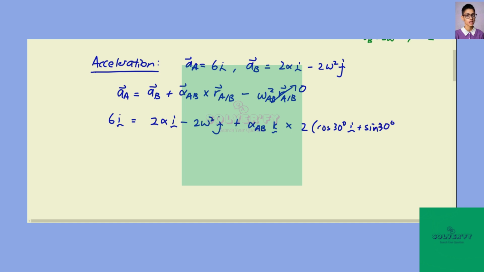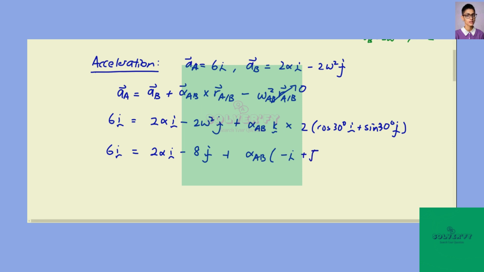So 6i equals 2 alpha i minus 8j plus alpha AB times (minus i plus root 3 j).